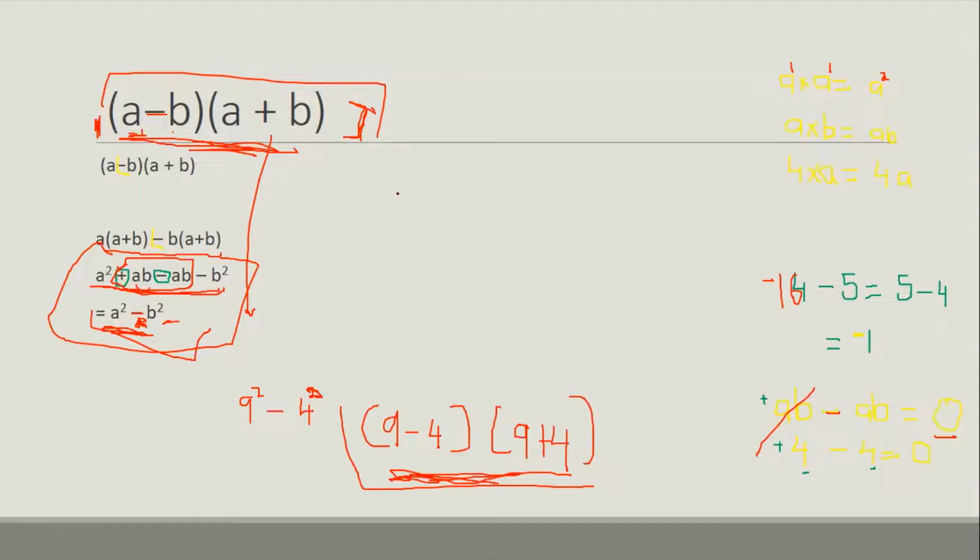Okay, so if we directly subtract 9 minus 4. Stefan, is that what you are saying? I directly subtract. Yes, like you want to apply that identity directly. Okay, so 9 minus 4, we all know that it's 5. And then inside the brackets, 9 plus 4 is 13.